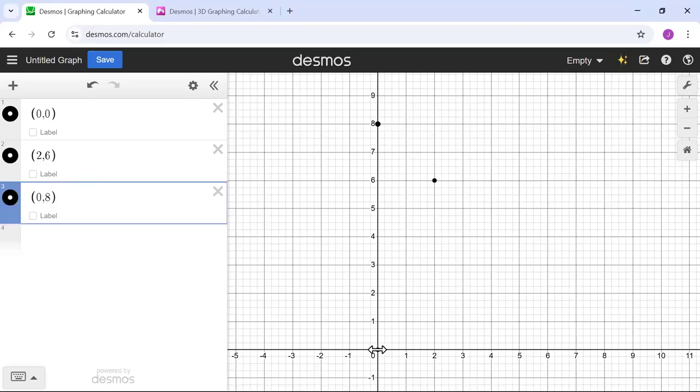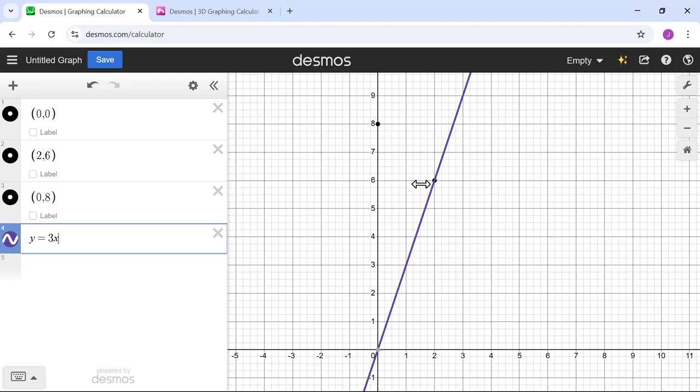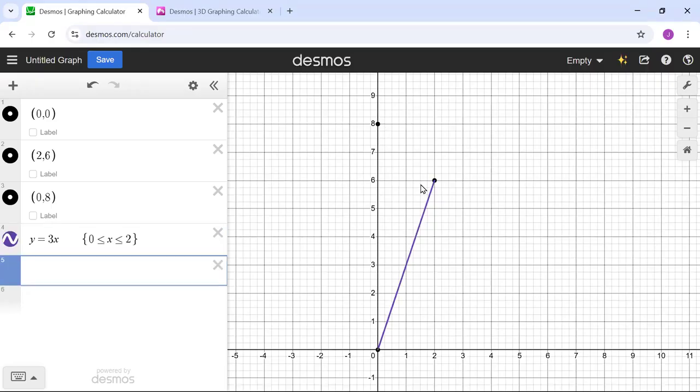You'll notice that if you go from 0, 0 to 2, 6, you get the line y equals 3x. Again, x here going from 0 to 2. If we're going from 0, 8 to 2, 6, that's the line y equals negative 1x plus 8.